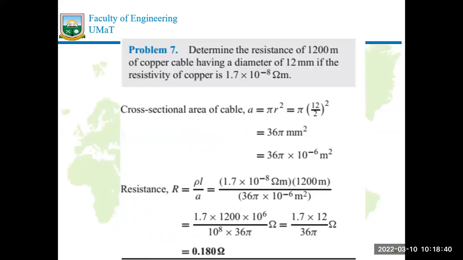Okay, so we have a calculation here. What we have here is to compute the resistance of a material, and that material is a copper cable. The length of the copper cable has been given to us as 1,200 meters, which is our L, and we've also been given the diameter as 12 millimeters.